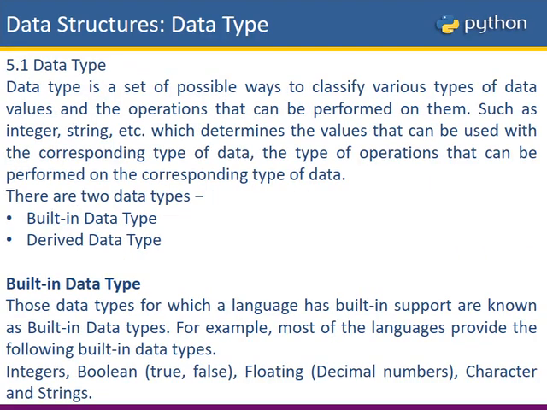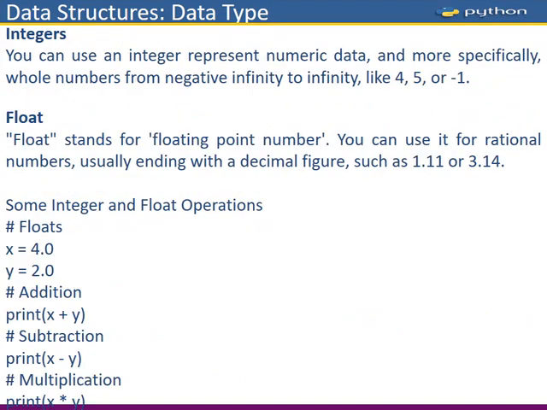So, data types. We have the integer, which represents numeric data. Integers are whole numbers from negative infinity to infinity. Then we have float.